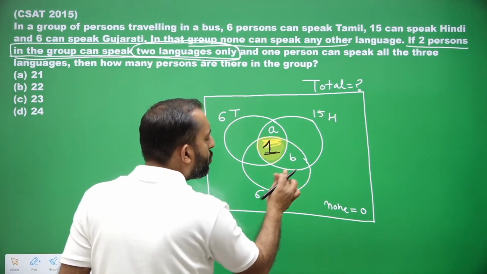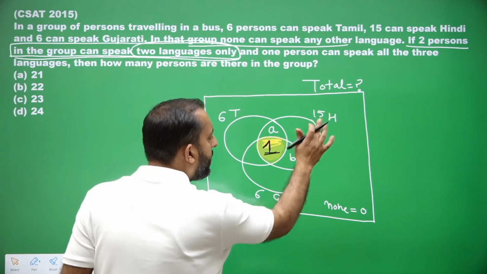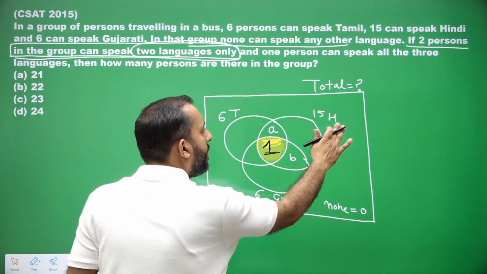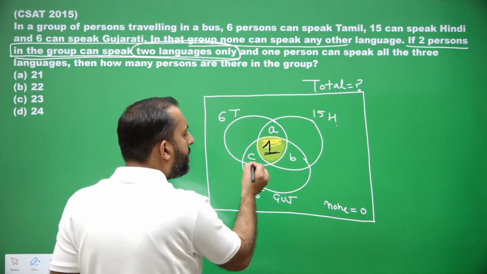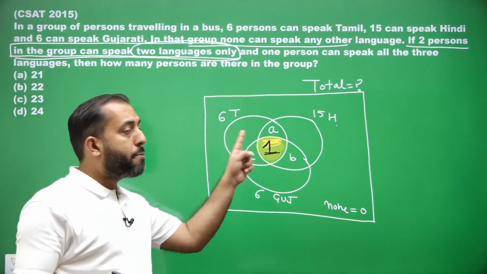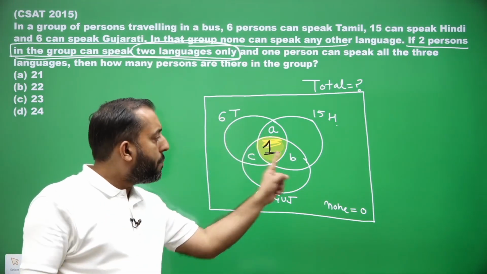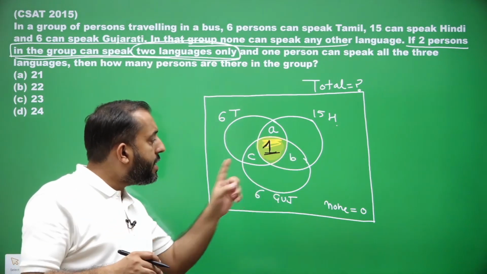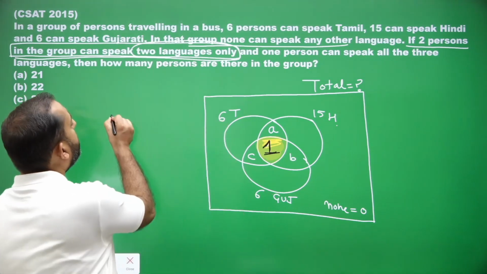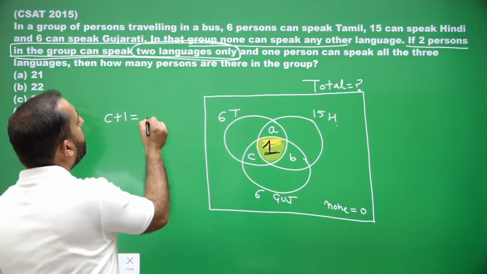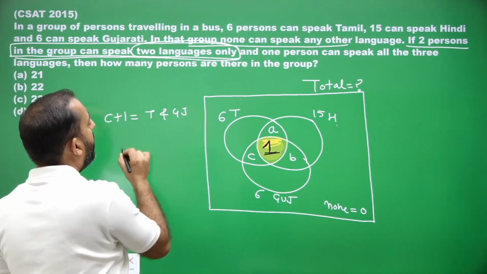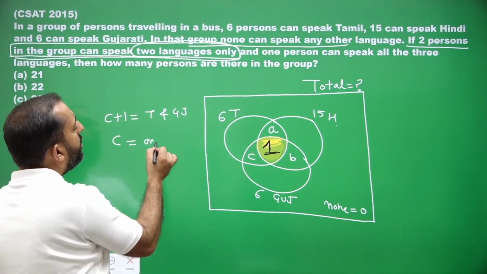B represents those who speak only Gujarati and Hindi, because this B region comes under the circle of Hindi as well as Gujarati, and this C region comes under the circle of Tamil and Gujarati. So A represents only Tamil and Hindi, B represents only Hindi and Gujarati, and C represents only Tamil and Gujarati.